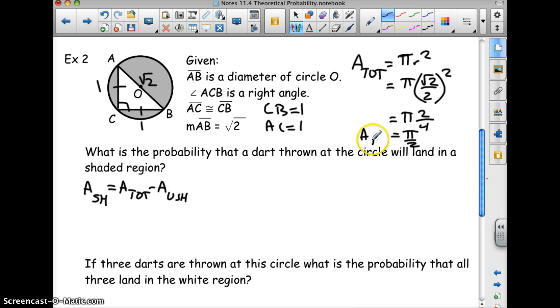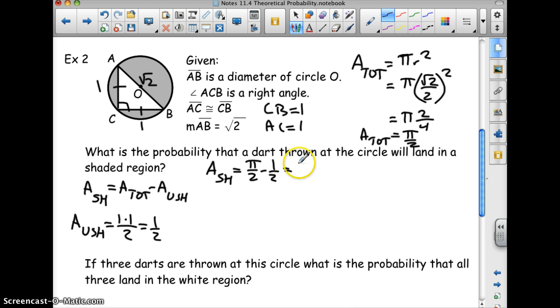So my total area is pi over 2. I'll also want to know my unshaded area. My area of the unshaded is that triangle. It's 1 by 1 over 2, so it's 1/2. So the area of the shaded is going to be equal to pi over 2 minus 1 over 2.